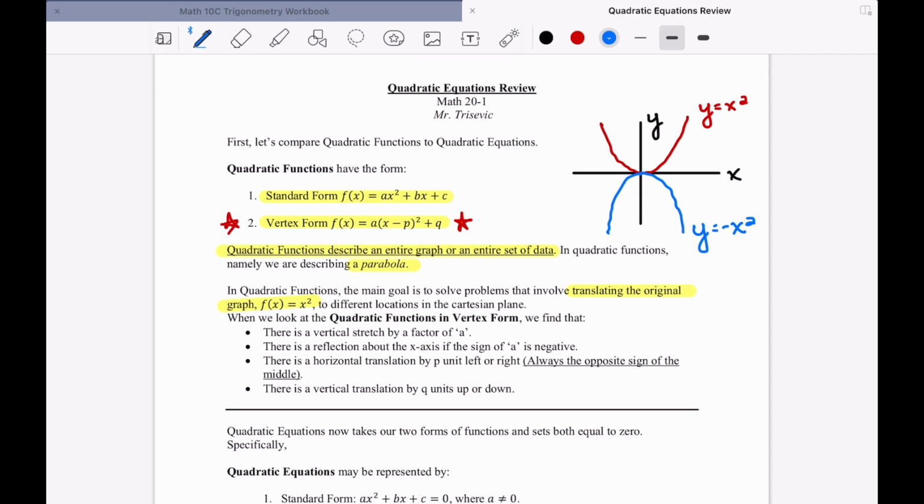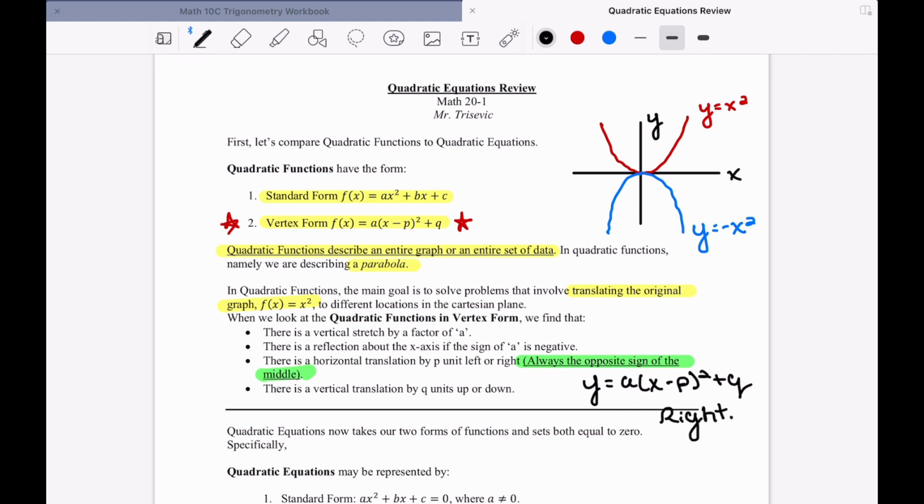Now, the big key factor from quadratic functions was that the horizontal translation, p units left or right, is always determined by the opposite sign of the middle. What we meant by this was, if I have some general function in vertex form, and the interior of the brackets is negative, or x minus p, we knew this goes right.